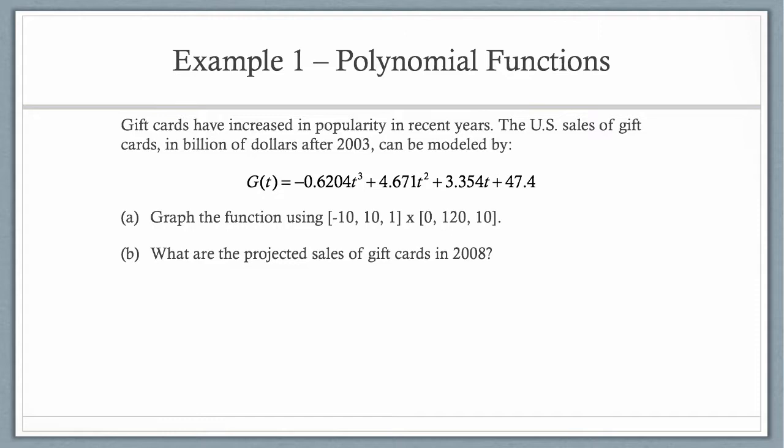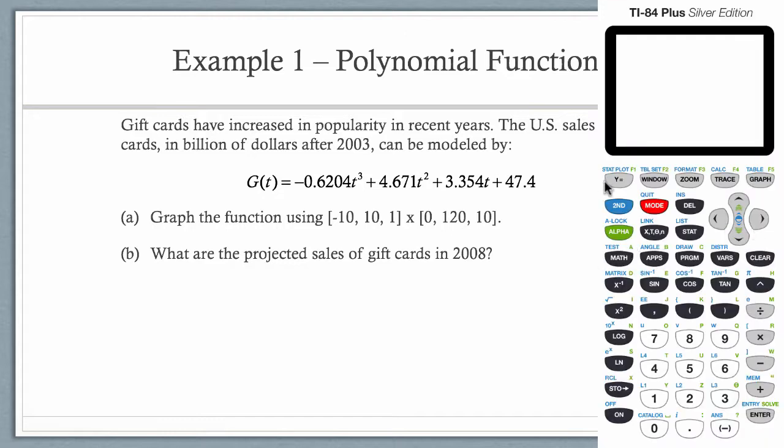The first thing that I'm going to do when I graph this is go to y equals and enter in my function, which you can see on the graphing calculator that's displayed. Once I know that my function has been entered correctly into y1, we go to the window key and enter in our values.